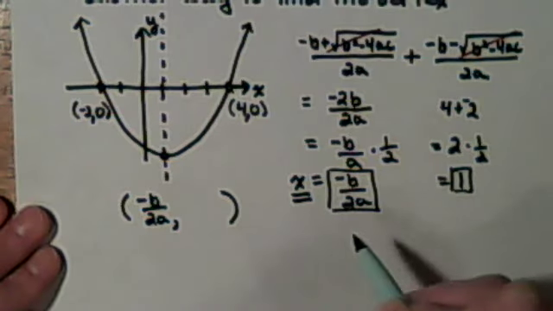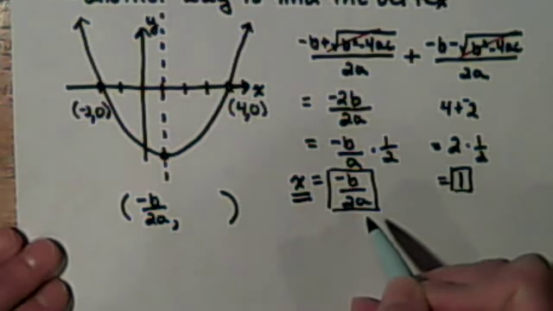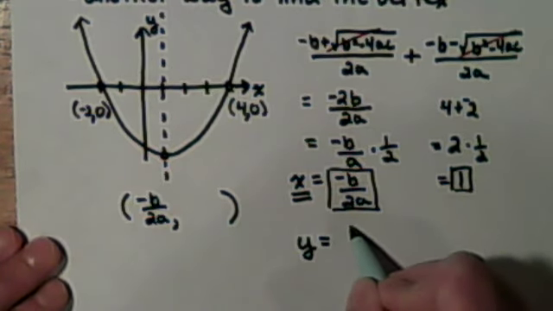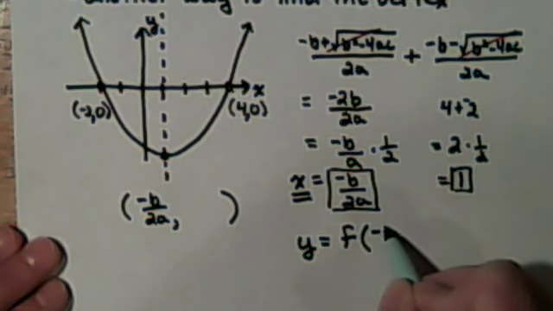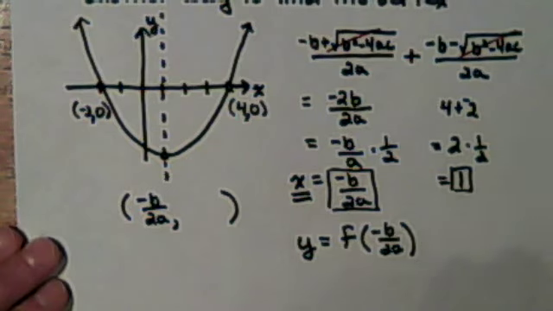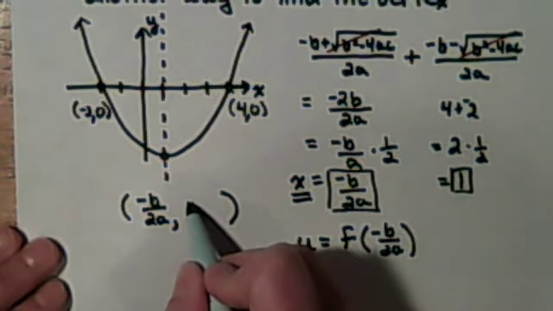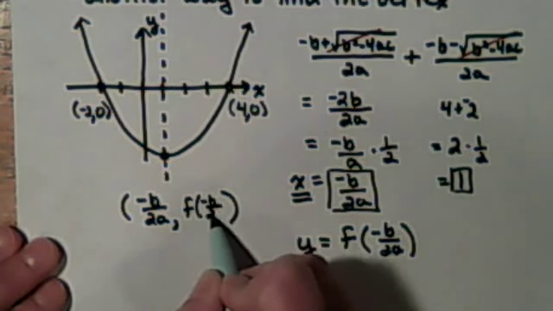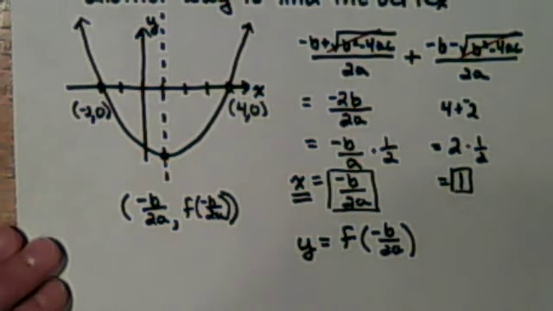But how do I find the y-coordinate? Well, to find the y-coordinate, I simply need to evaluate the function at the opposite of b over 2a, or substitute that value back in. So my y-coordinate ends up being f of the opposite of b over 2a.